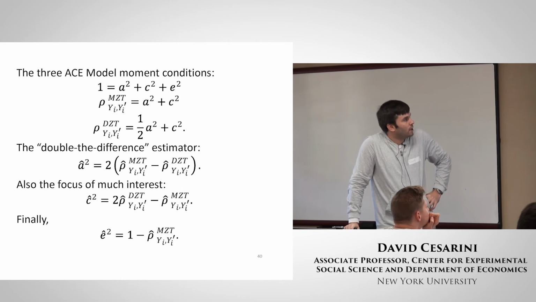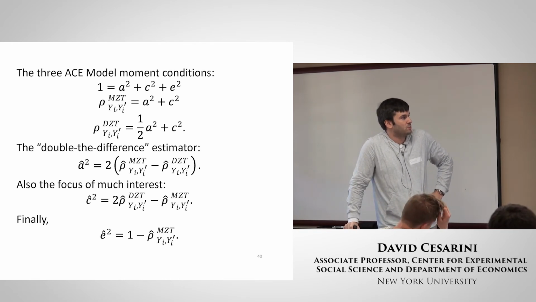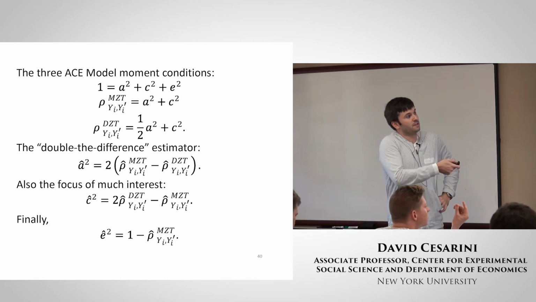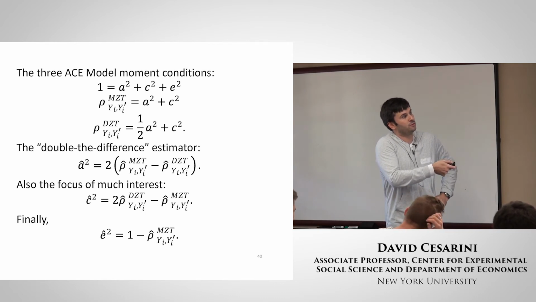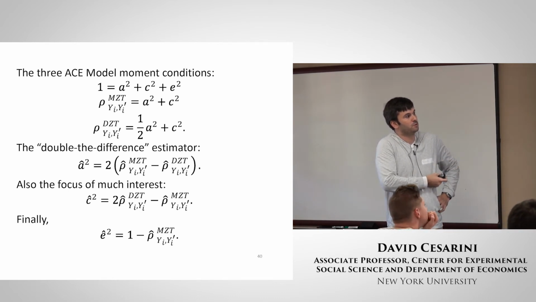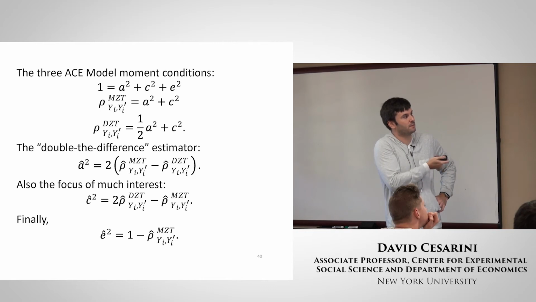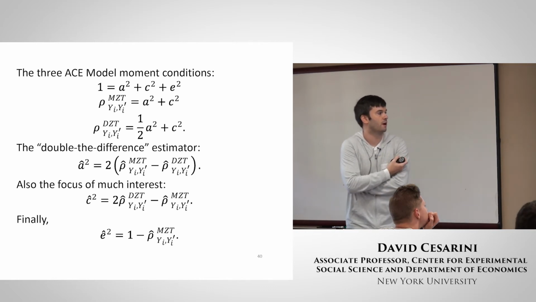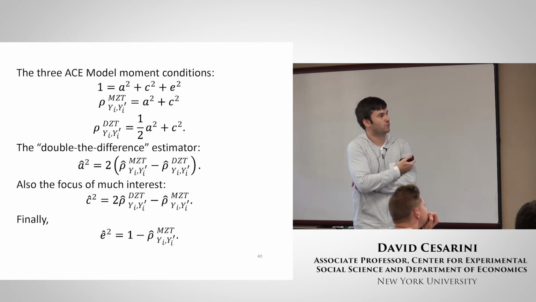And so from that moment condition, we just substitute the things that we can estimate in the data, namely the 2 rhos. You substitute in the sample estimates in lieu of the population parameters, and that gives us this estimator. And this is called Falconer's formula.